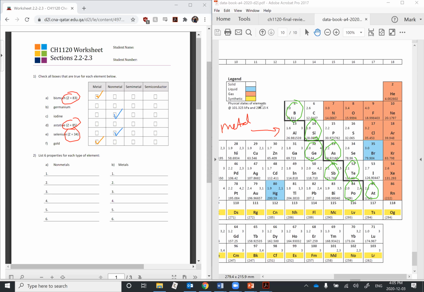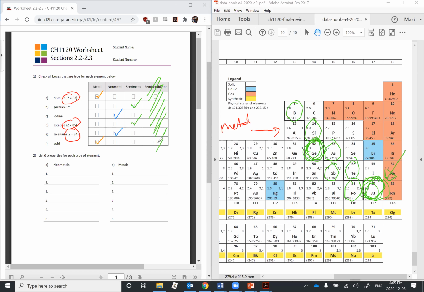So let's go back to green here. Germanium, that's Ge, is a semi-metal because it's on the staircase. And astatine, this guy down here, is on the staircase, so this is a semi-metal. Don't worry about semiconductors. I don't know why that's there.